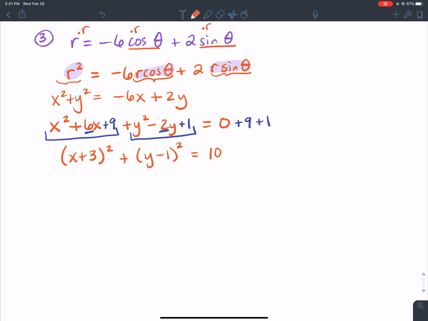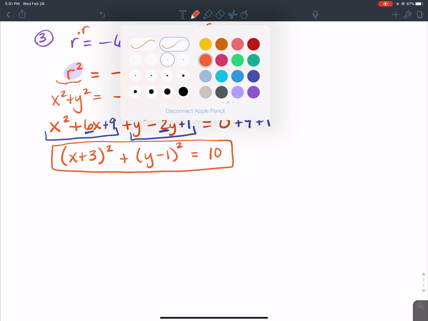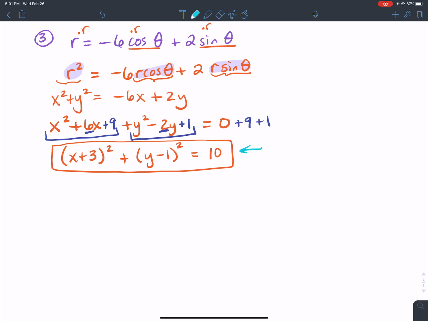And that, my friends, is looking more like the equation of a circle. So now you're done. This is the standard form for a circle. And then you can see, oh, the center would be at negative 3, 1, and the radius would equal square root of 10.